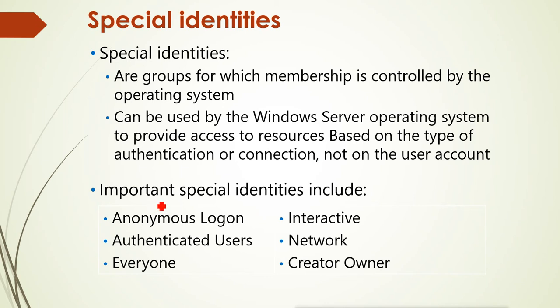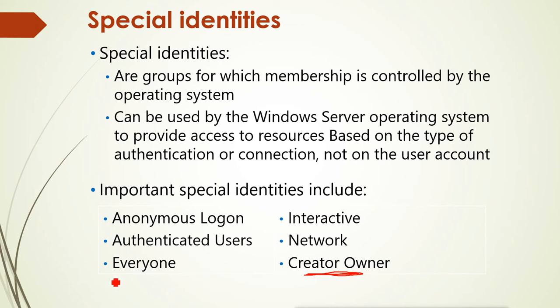Now these important special identities include the anonymous logon, interactive, authenticated users, everyone, and creator owner. For example, if some user creates some object, some data, then he is the creator owner, and he has the identity of creator owner.